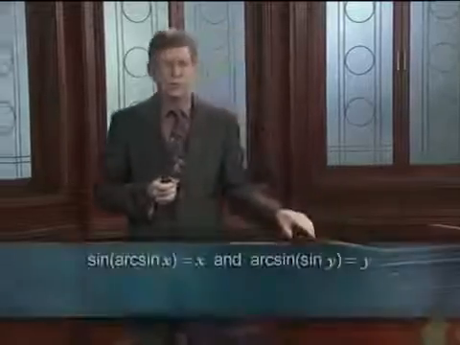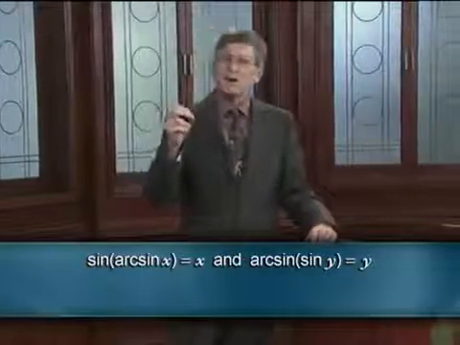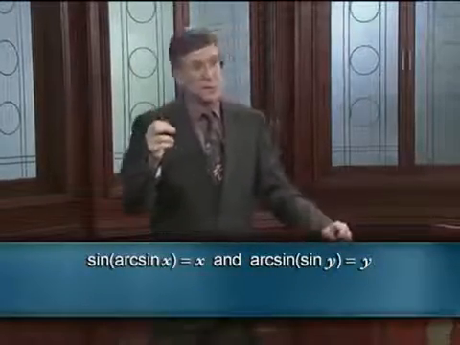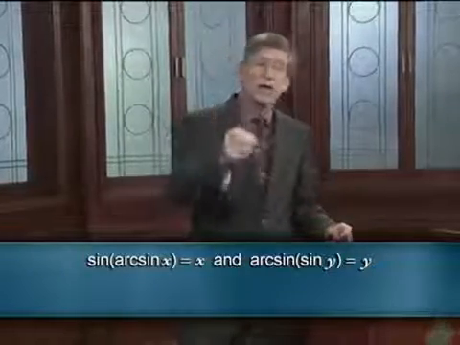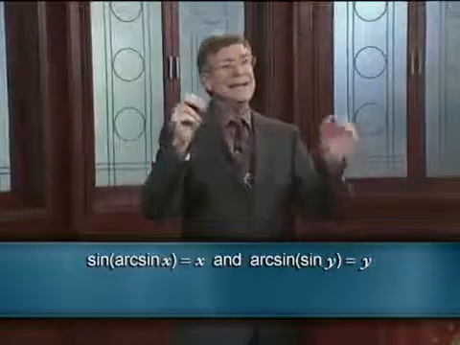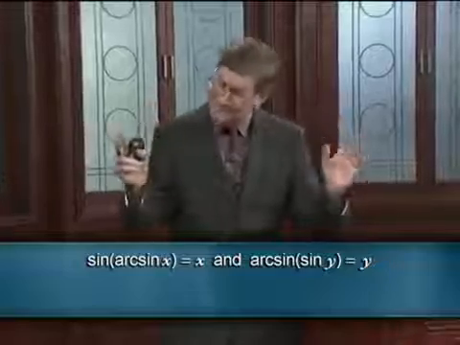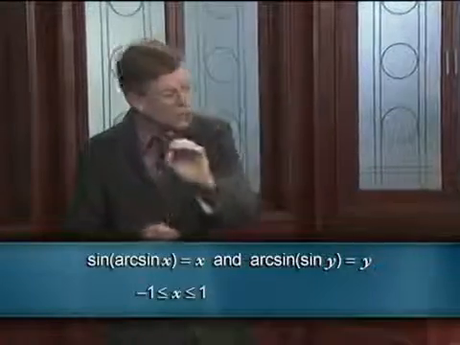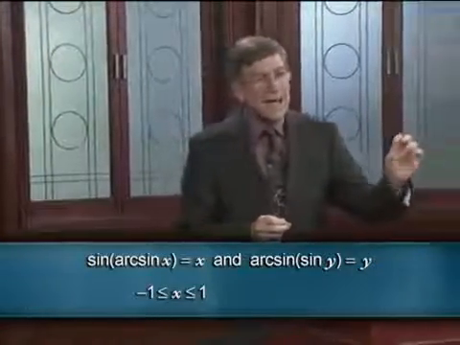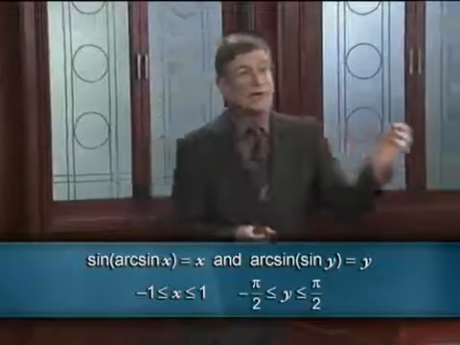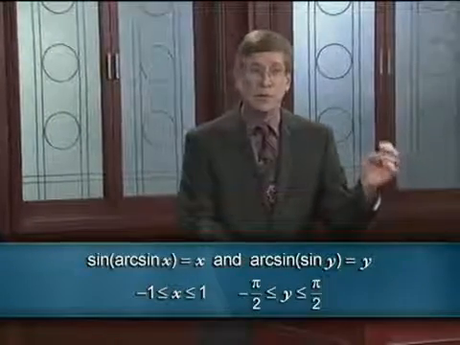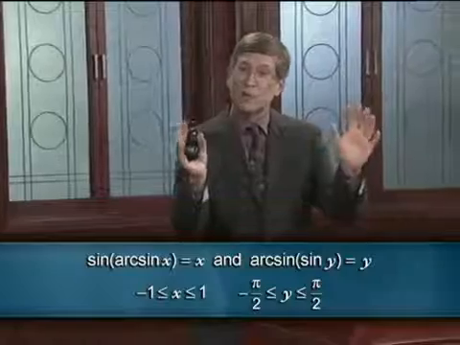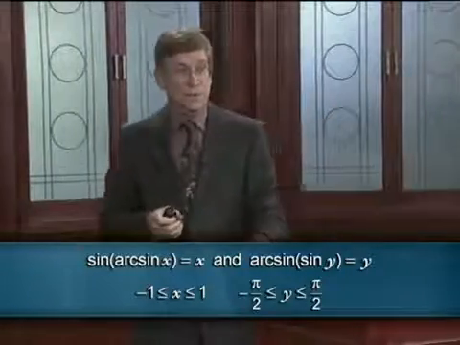So here are the rules. Sine of arc sine of x equals x, and arc sine of sine of y equals y, if, and this is a big if, the x values are between minus 1 and 1, and the y values are between minus pi over 2 and pi over 2. You have to be in those restricted domains in order for these properties to be true.